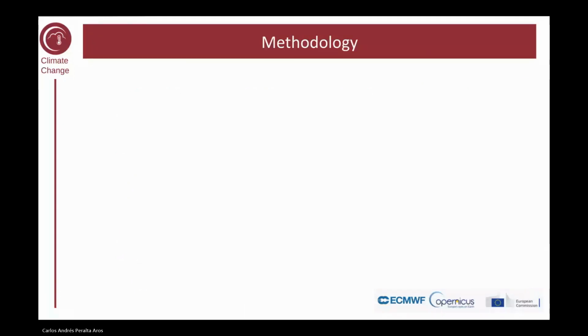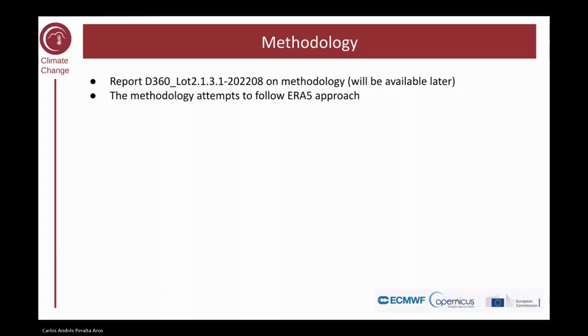So coming to the methodology, this will be described in this report, which will be available later on the Confluence site of ECMWF. And we try to follow the same approach they do for ERA5, the climate means.